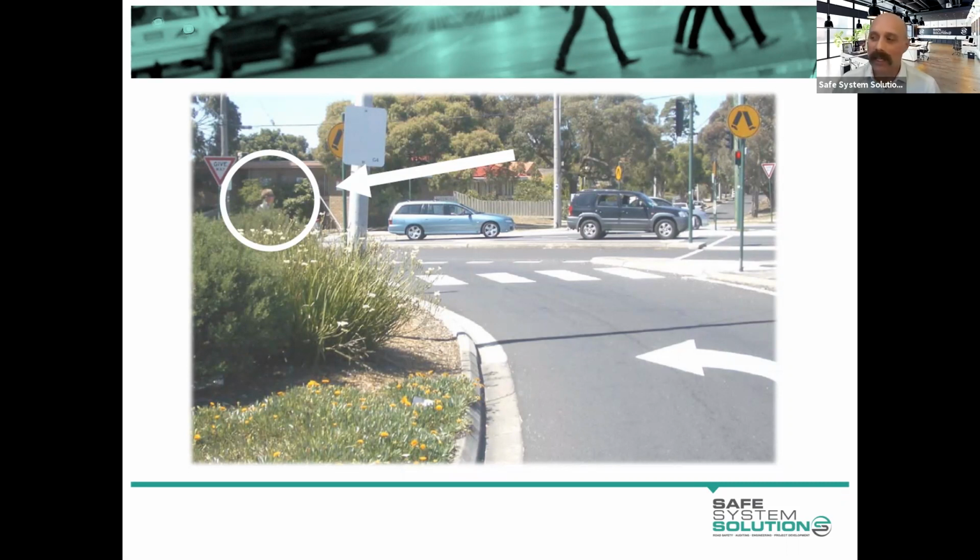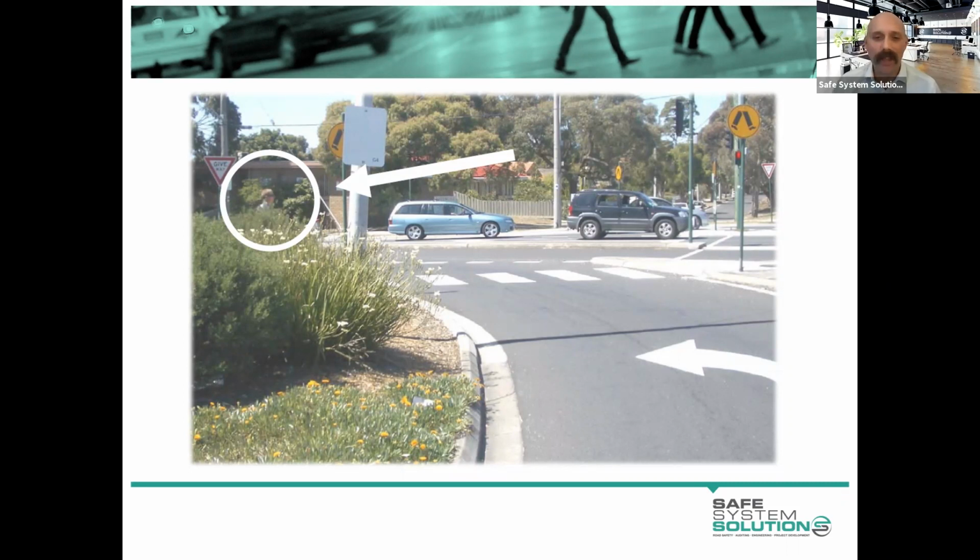Now, this is a slip lane, obviously, and it's got a pedestrian crossing on it. This has been the topic of a lot of interest in our industry of late, and a lot of debate out there on the appropriate treatments for pedestrians on slip lanes.